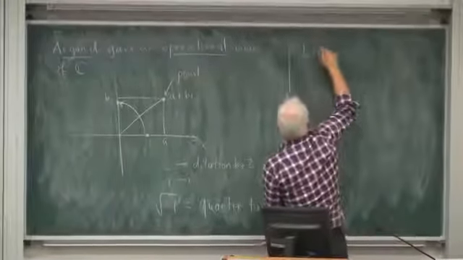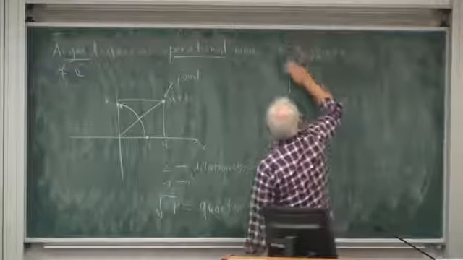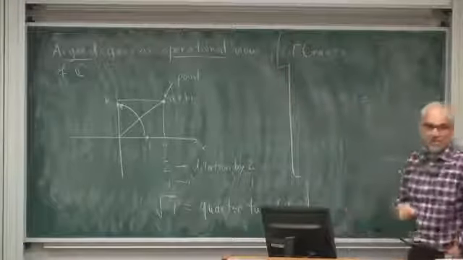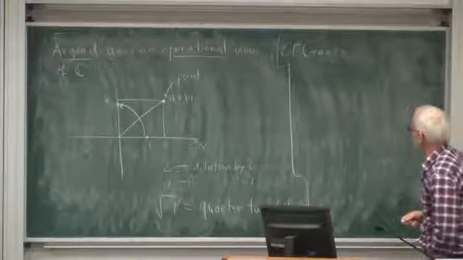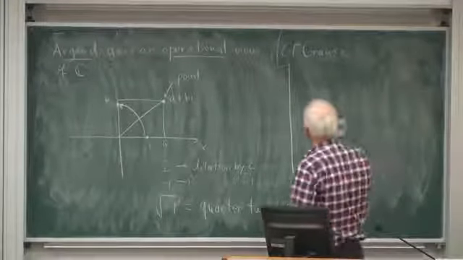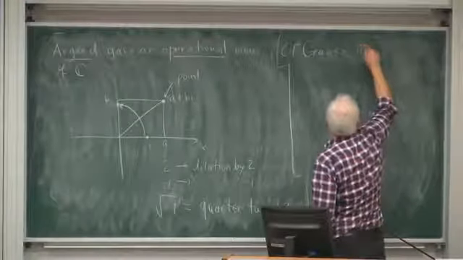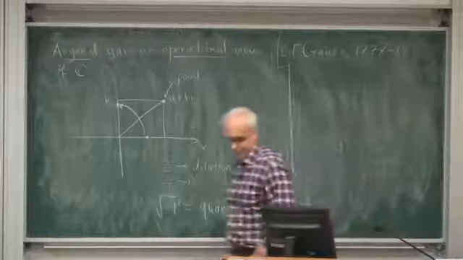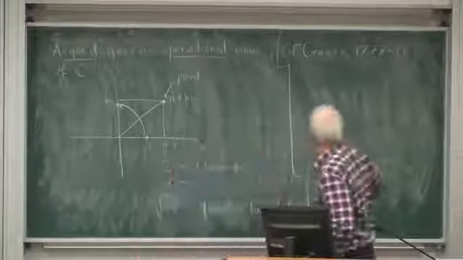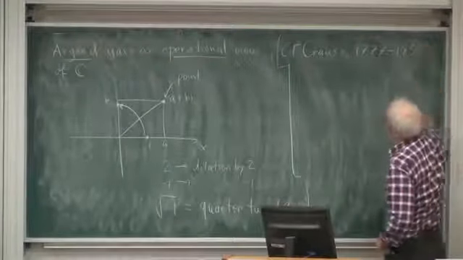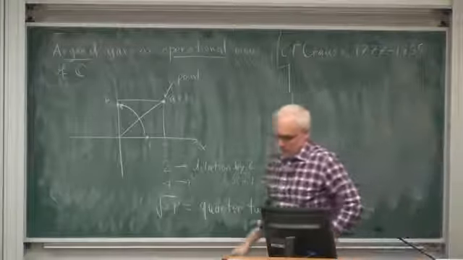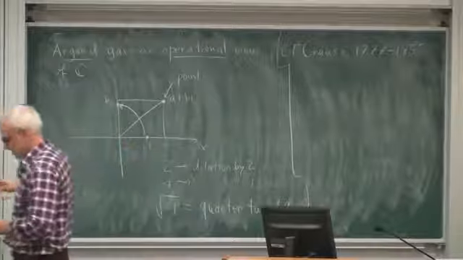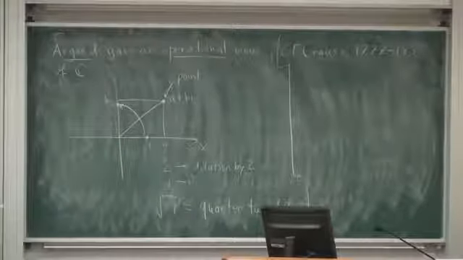So Gauss, Carl Friedrich, the towering mathematician of the 19th century, 1777 to 1855, adopted this kind of point of view.